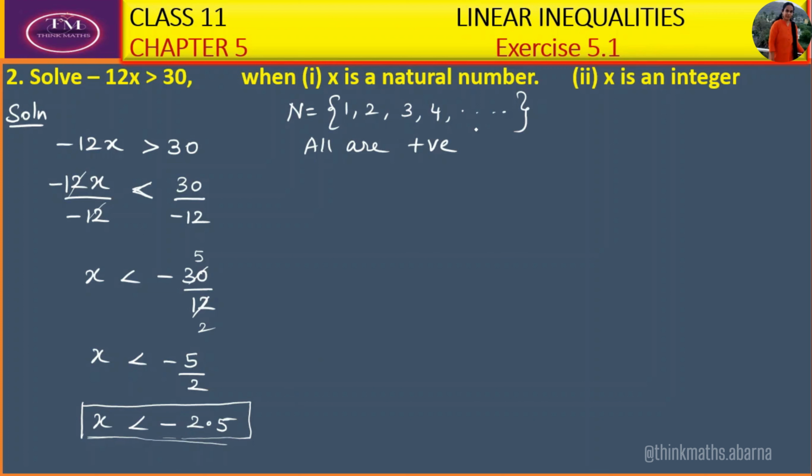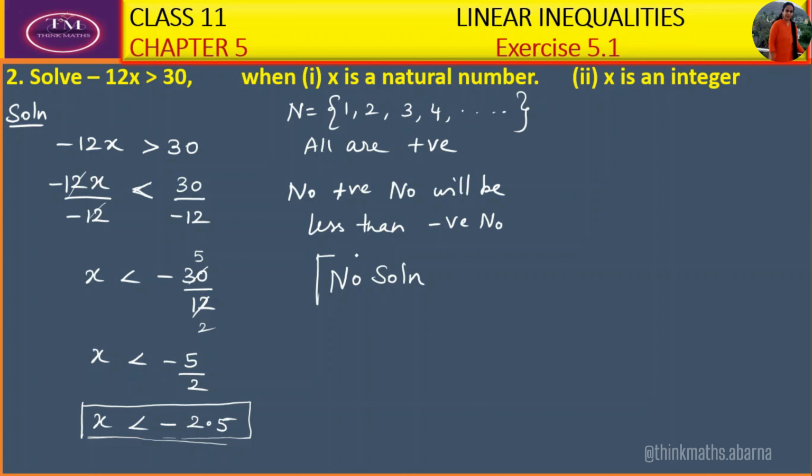Now, no positive number will be less than a negative number. Am I right? Yeah. So, any positive number will not be less than a negative number. That means for the first part, there is no solution. We don't have any solution for this. Okay. So, this is the result.